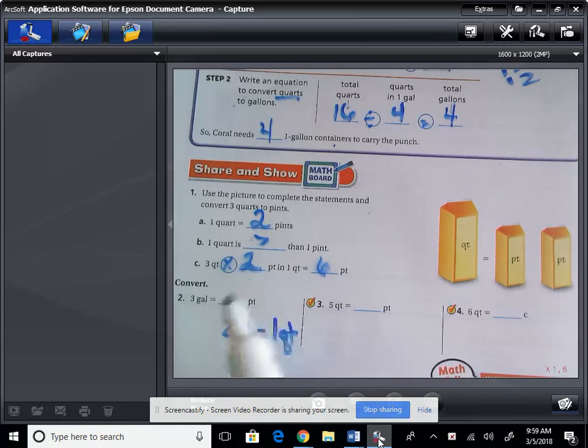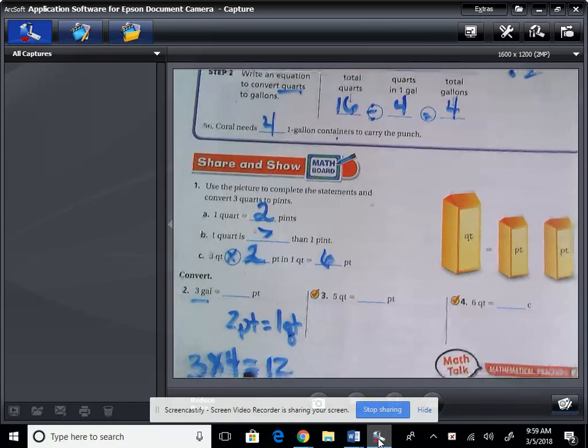And we know there are 4 quarts in 1 gallon. So we have 3 times, because we're going larger to smaller, we multiply, times 4 equals 12.